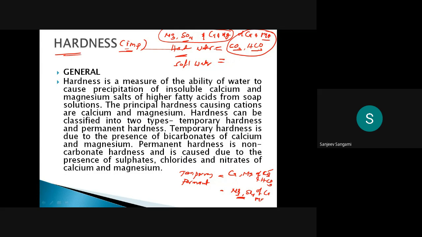Okay, see, Ca is plus, Mg is plus. So these are cations. And CO3 and HCO3, those are anions: CO3 minus, HCO3 minus.